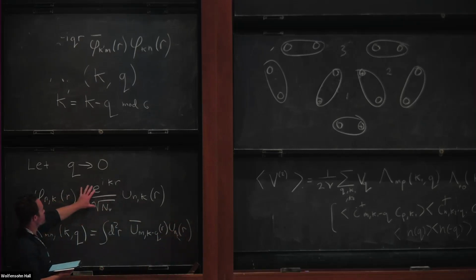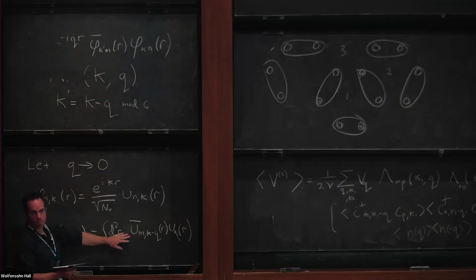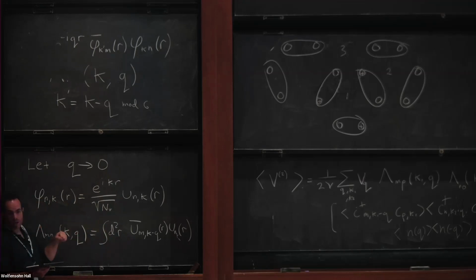The point is you just substitute this into the definition of the form factor, and we know that k minus k prime is equal to q. So the phase part cancels off, and you're just left with the overlap between the Bloch wave functions. Okay, so the takeaway here is that for q small, the form factors we're talking about are just the overlap between the Bloch wave functions at two different points in momentum space. And that's why the quantum geometry is now going to show up.